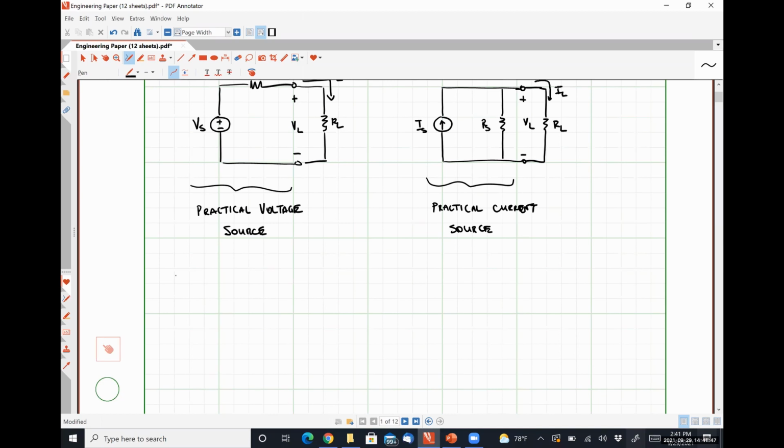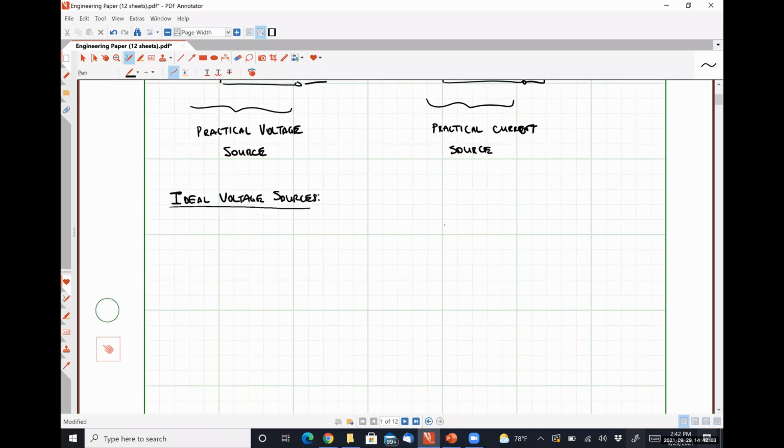So if we have a simple independent voltage source like this, contributing some voltage Vs to a circuit, does it matter what I connect to that pair of open circuit terminals there? No. Arguably no, all right?